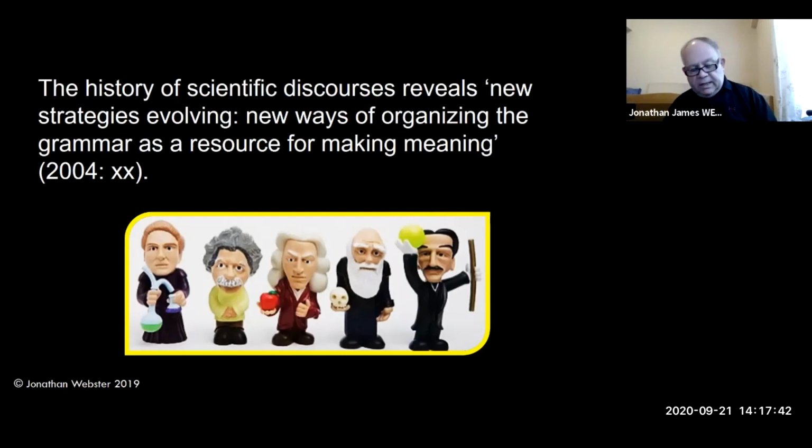And so what Halliday did was he went back into the history of the development of the English language to see when did this change occur? Where did scientific discourse come from? Where did it originate out of?